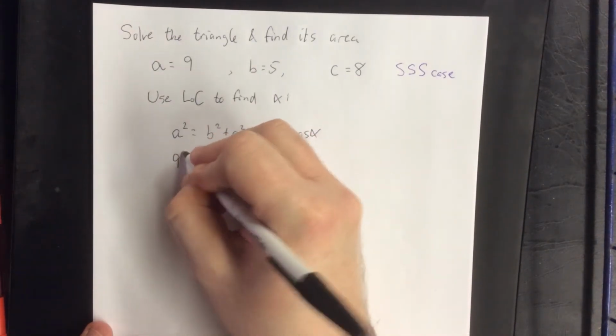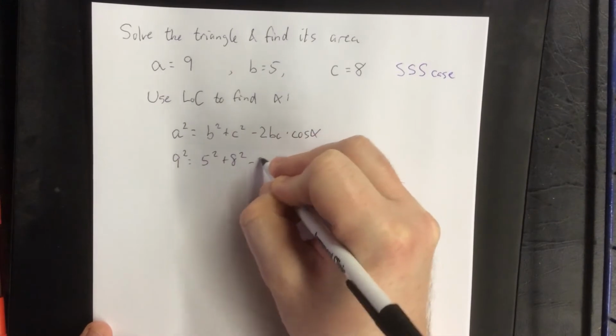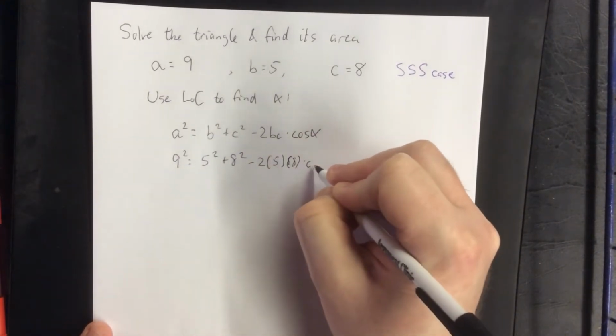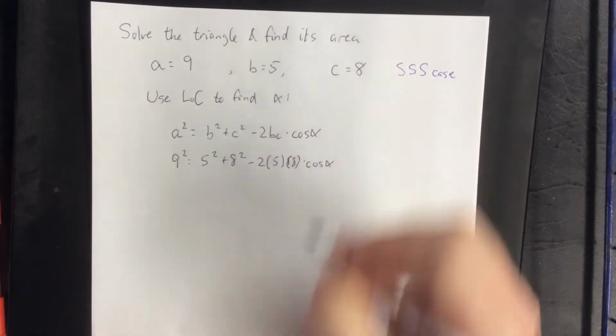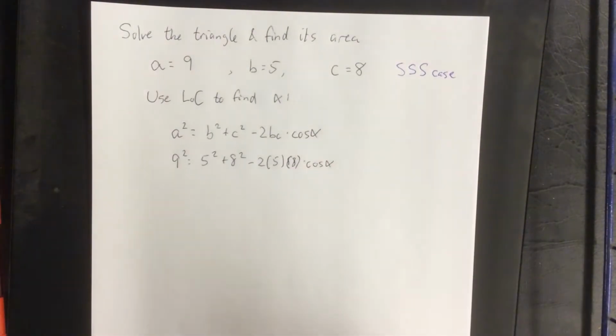This will be 9 squared is equal to 5 squared plus 8 squared minus 2 times 5 times 8 times the cosine of alpha. In case you haven't already done so, having a calculator handy for this problem is going to be crucial. So, be sure that you have yours handy.